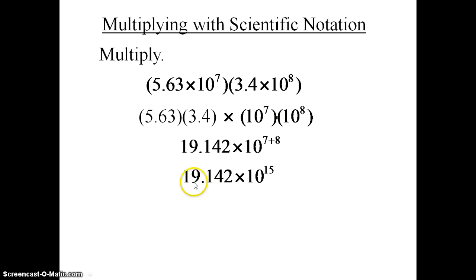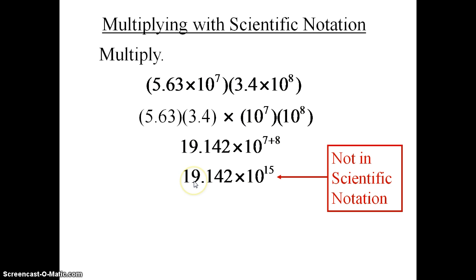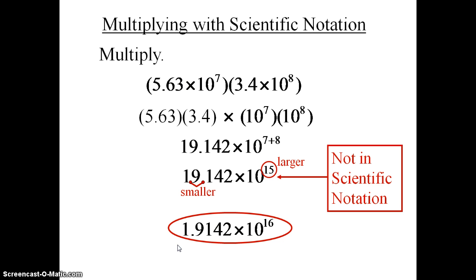So I'm moving my decimal over one place to the left, so I need to adjust my exponent by making this 15 a larger number. If I move this decimal over one place to the left, I'm making the 15 one more larger, which means I moved it basically to 16. So my new answer is 1.9142 times 10 to the 16th.